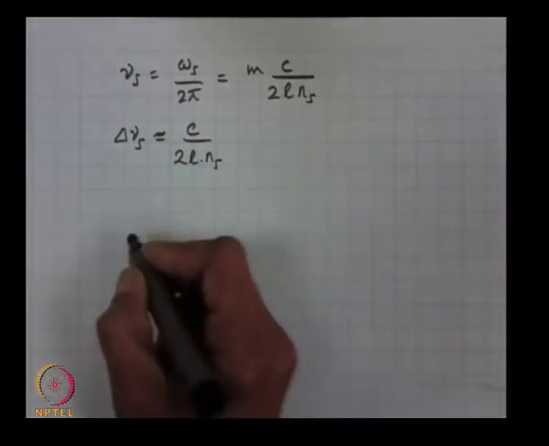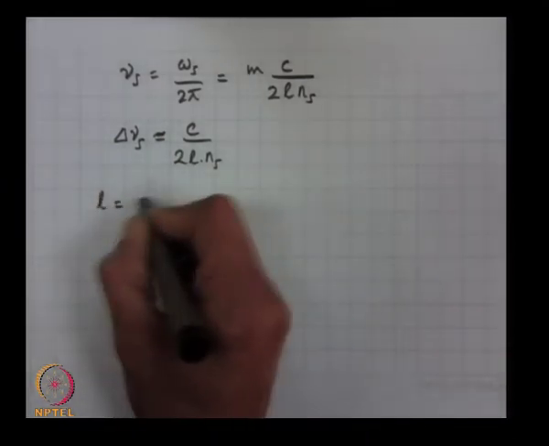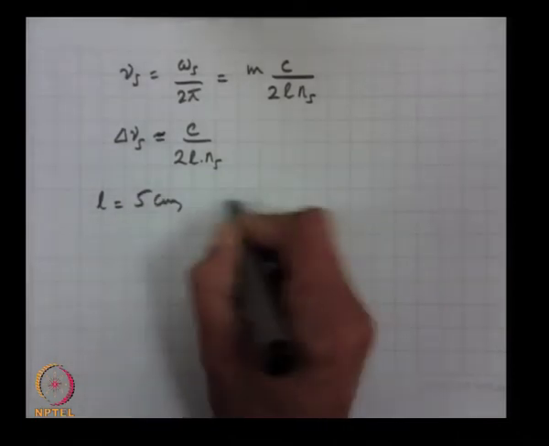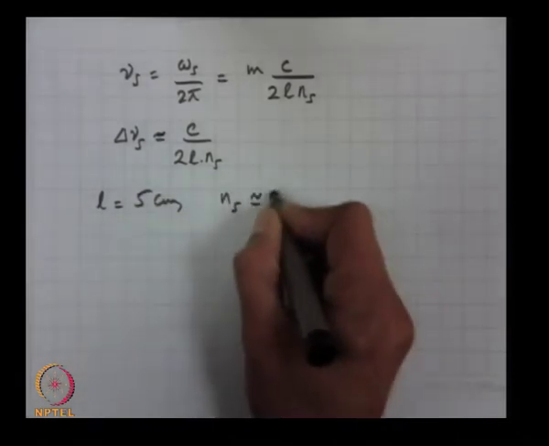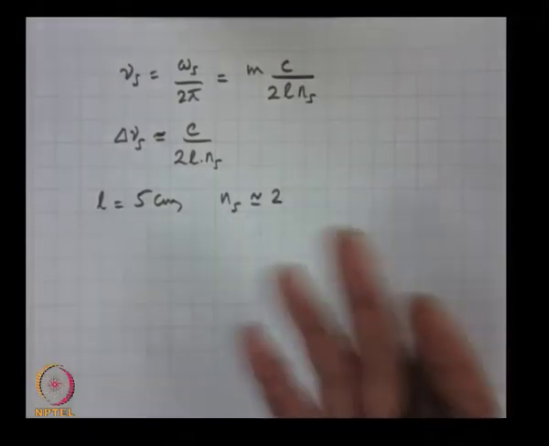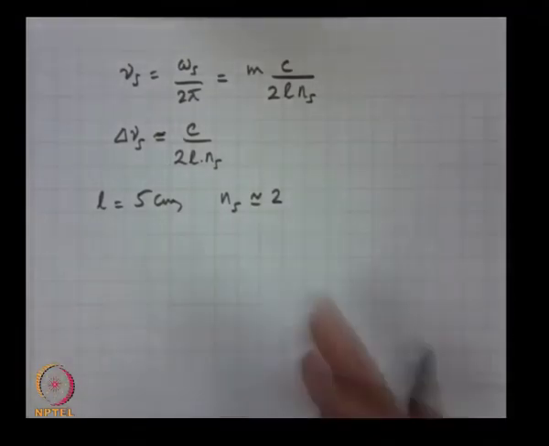So let me put some numbers here. Let me take a cavity of 5 centimeters length. What is the value of ns? Approximately 2. For lithium niobate it's 2, otherwise 1.8 for some crystals. So it's of the order of 2.